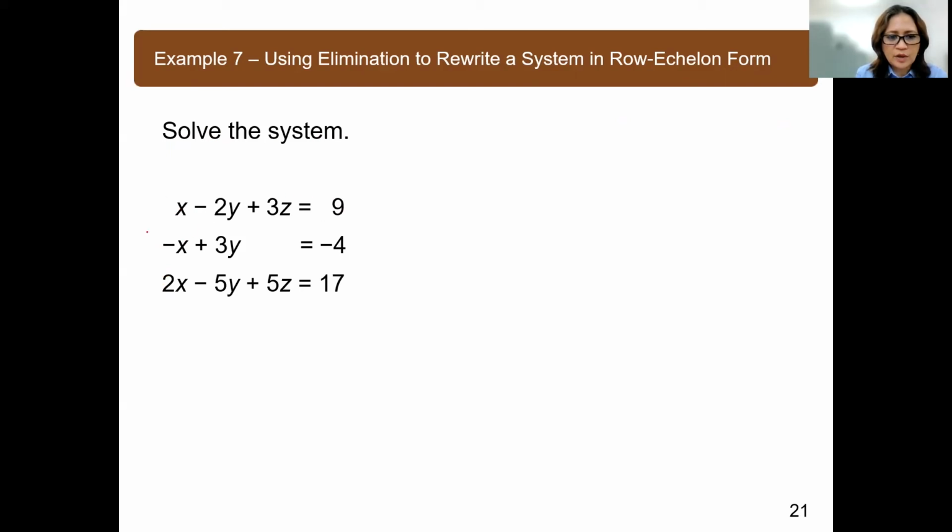If we add equation 1 with equation 2, the result will be the new equation 2, which is in terms of y and z. Then if we multiply equation 1 by negative 2 and add it with equation 3, we will be able to eliminate x and come up with equation 3 in terms of y and z.